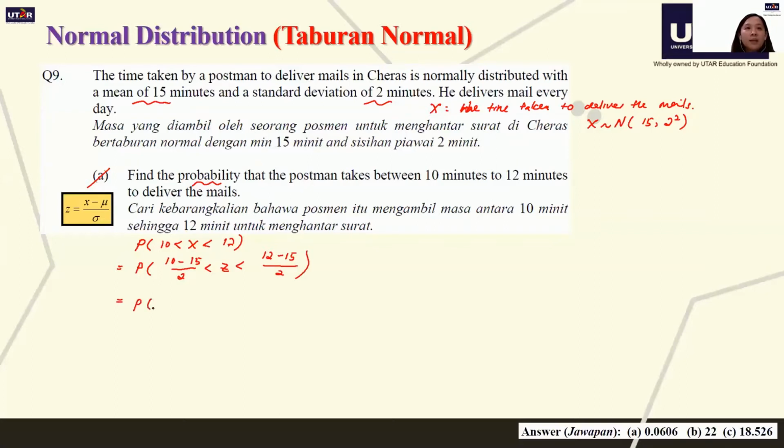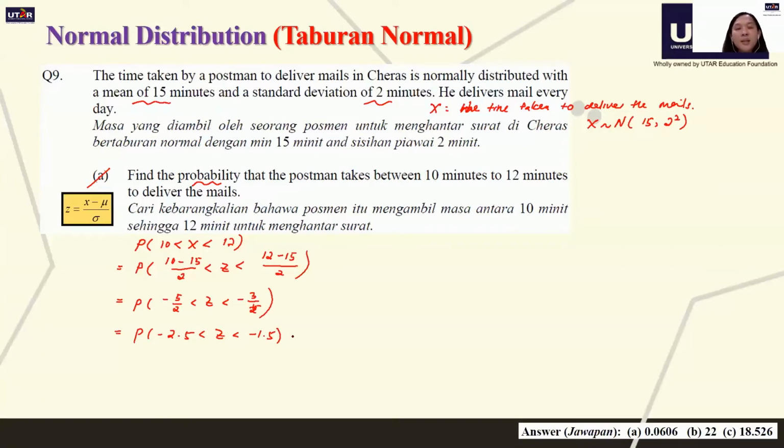Then I have minus 5 over 2, and minus 3 over 2, which gives minus 2.5 and minus 1.5.